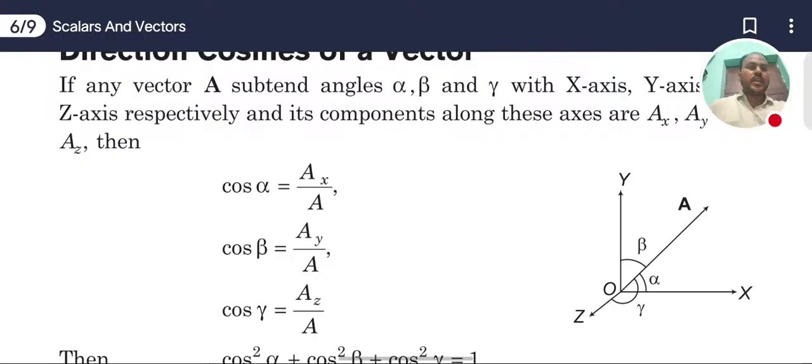And the angle formed between vector a and the z-axis is represented with gamma.